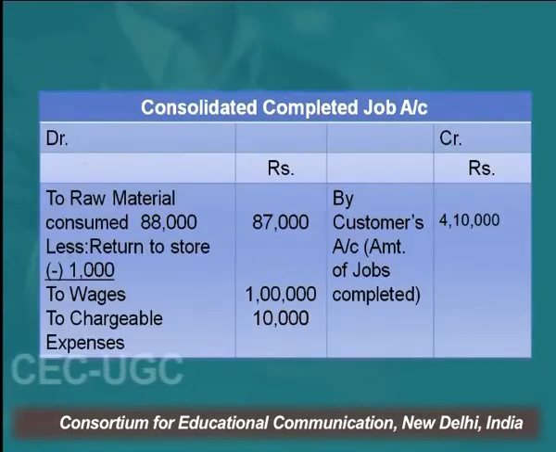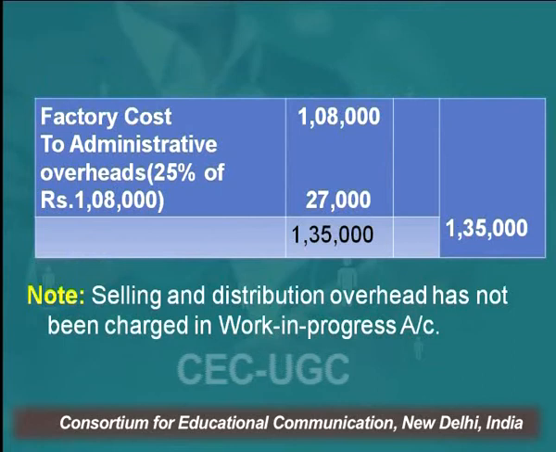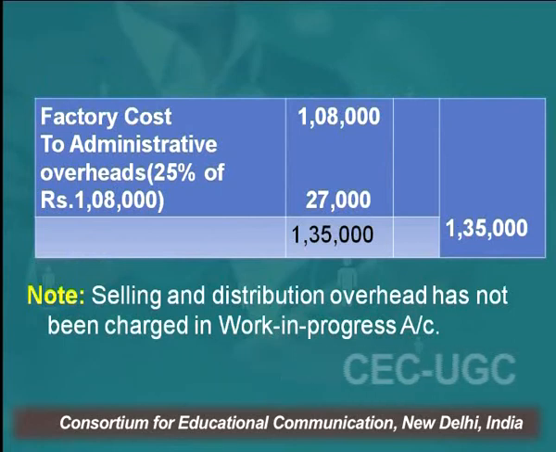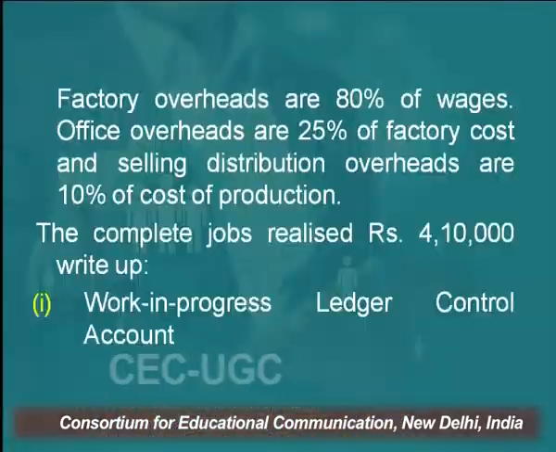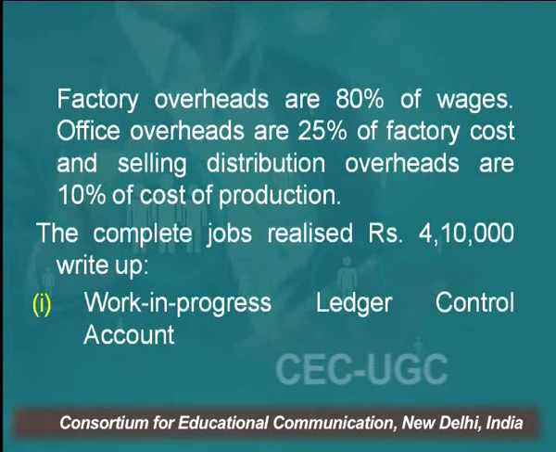Administrative overheads are charged at a particular percentage. You can see in your example that factory overheads are 80% of wages and office overheads are 25% of factory cost.